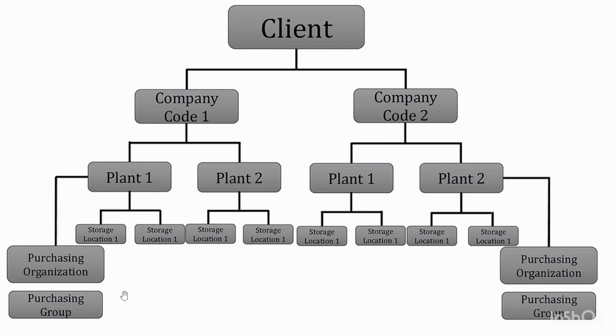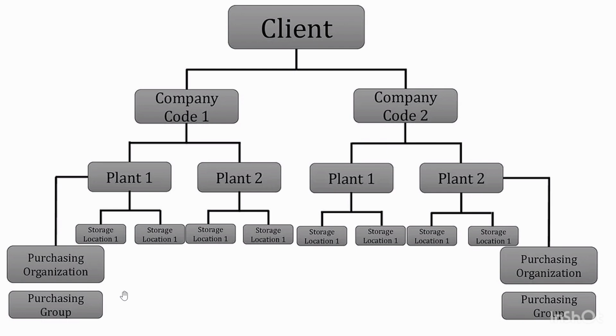We are creating them right now so that we have the whole structure ready. We are just going to copy from the default one. In SAP, the default purchasing organization, plant and everything is 1000. We are going to copy the client and company code from them so that our work gets easier and we are able to do the other MM related transactions.